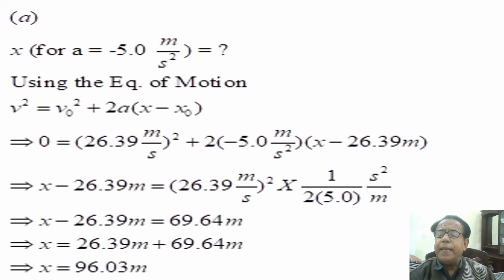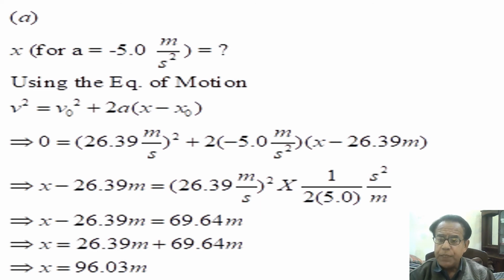This implies that x minus 26.39 meter is equal to 26.39 meter per second whole square into 1 over 2 into 5.0 second square per meter.